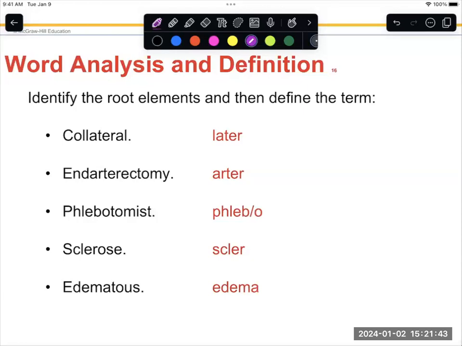Phlebotomist. Phleb is that combining form that means vein. So this is somebody who takes blood from a vein. Sclerose or sclere or hardening is the hardening or thickening of blood vessels. Edematous or edema is swelling due to excessive fluid in the tissues.